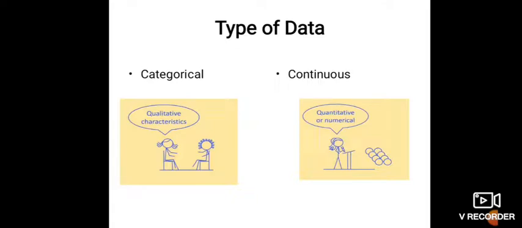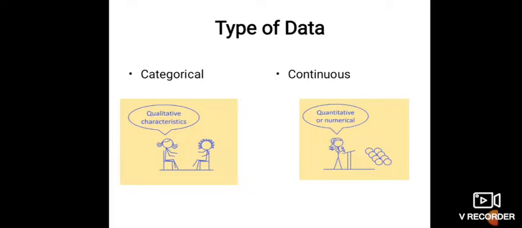For example, categorical predictors include gender, material type and payment method. These all have qualitative characteristics, whereas continuous variables include the length of a part or the date and time a payment is received.